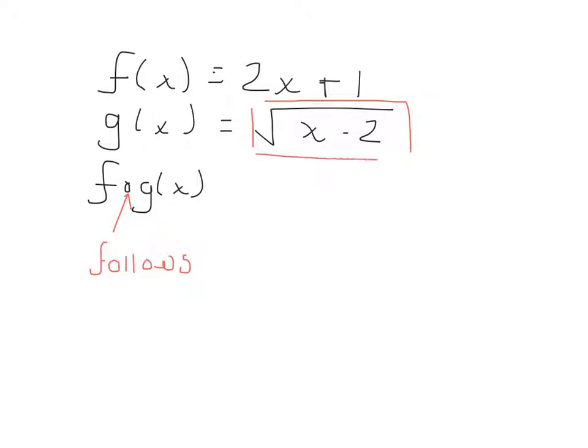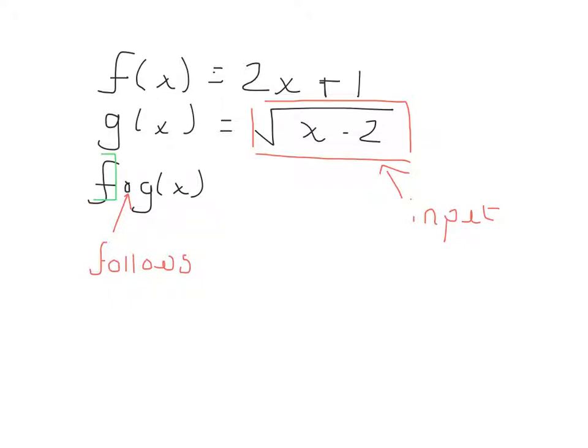And if we use the g function first, we get square root of x minus 2. That becomes our input. So f follows g, so we're going to input the square root of x minus 2 into the f function.